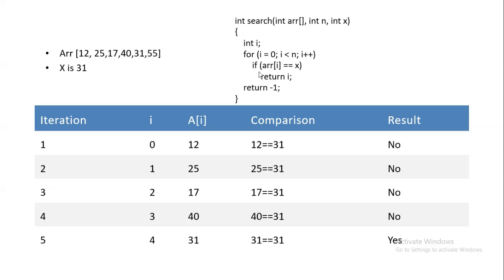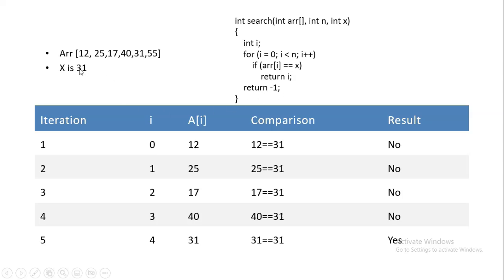If no match is found, it will check the next element in the array. So likewise, the loop will iterate over all the elements in the list, and only if there is no match found does control go to this statement and it returns -1, which implies the element is not present.